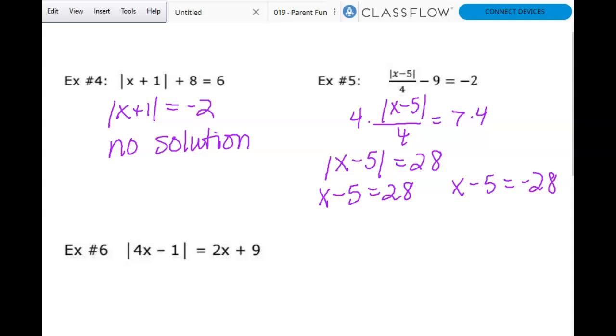So I get these two equations. And these both work.